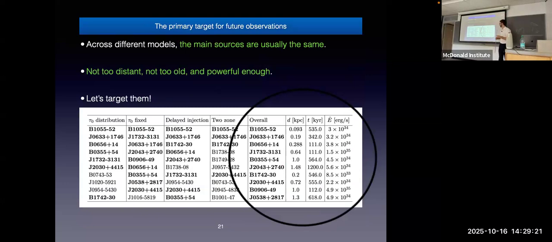But probably Geminga, compared with a few years ago, went a little bit down in the priority in explaining most of the excess, while B1055, since it's potentially very close, went up in the ranking. Still, they are some of the most important ones that we need to look at.